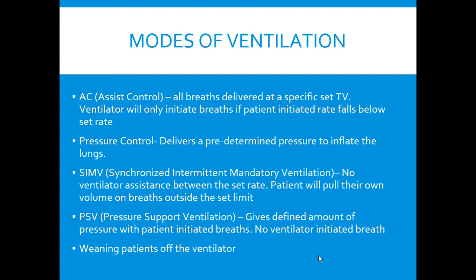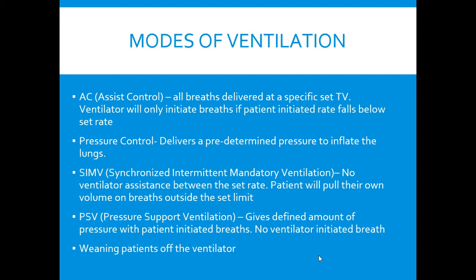Pressure control delivers a predetermined pressure to help inflate lungs. It might not guarantee a good tidal volume amount, but the patient will receive the pressure needed to make sure that they're ventilated. So it's pressure. With ARDS, you do not want to overinflate lungs since they're already constricted. You want to avoid damage.